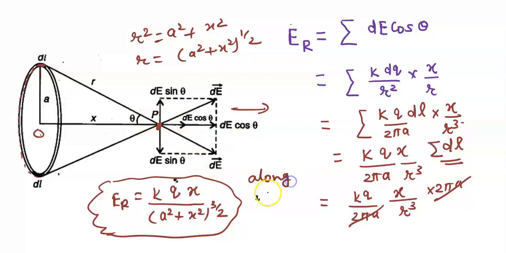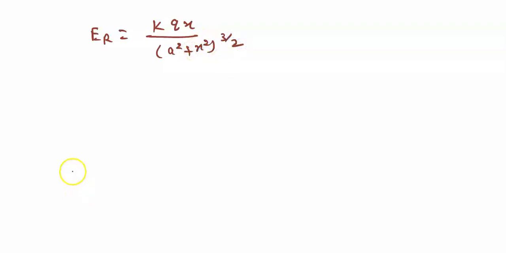Now in this particular one, you can take some special cases. Suppose we write the expression E_R is equal to kqx upon a square plus x square whole power 3 by 2. Okay, this is the expression.